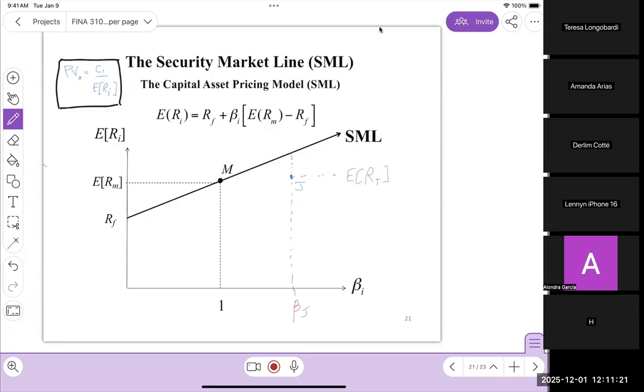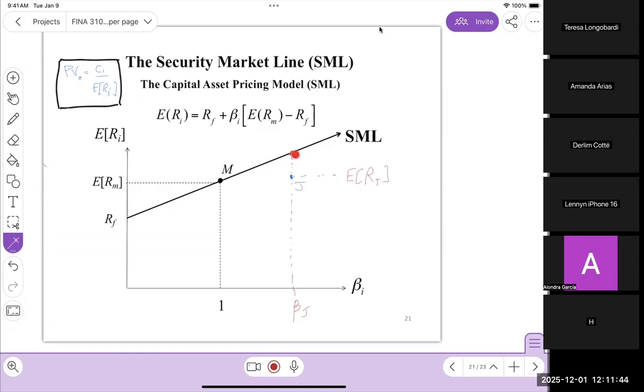But for this level of risk, investors at large can create this level of return. How do they create that? If somebody has this level of risk, they could be here by borrowing, short selling T-bills and investing in the market portfolio.